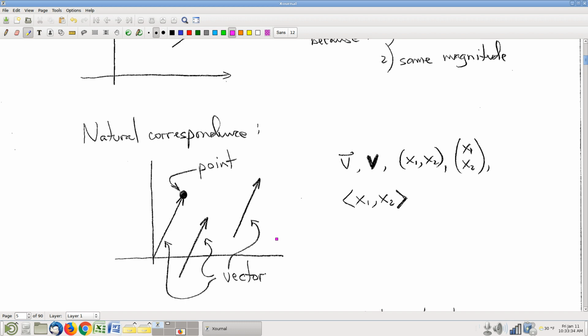So here are some notations to represent vectors. Let's go back to green here. This vector here, you could give it a name and call it v. It's very common to put a little arrow hat on top of it. That's just a visual reminder to the reader that hey, don't forget this v is not a number.